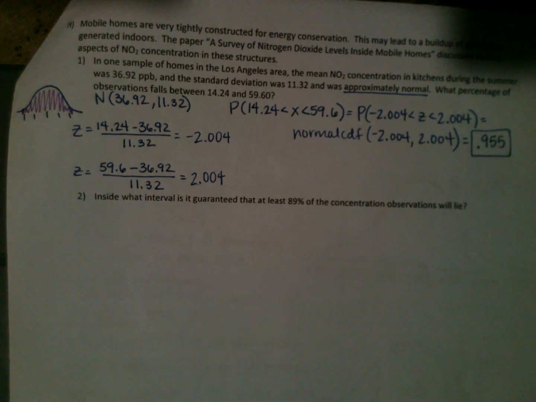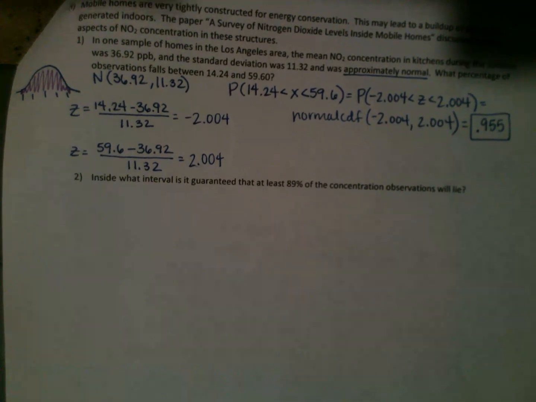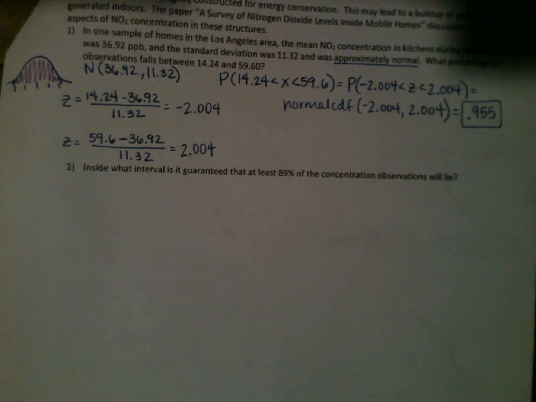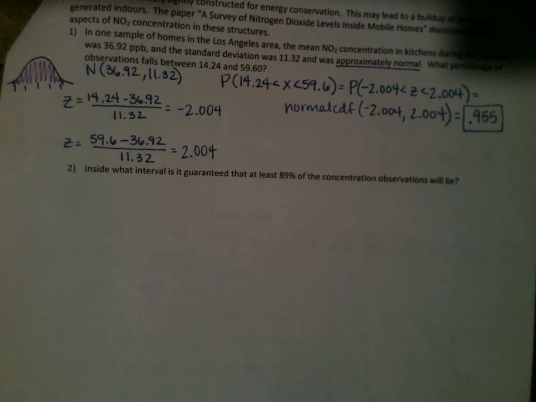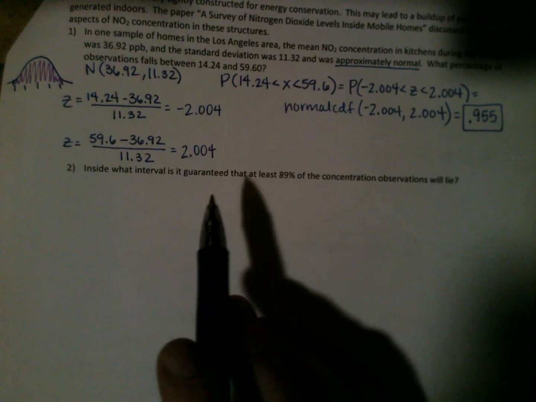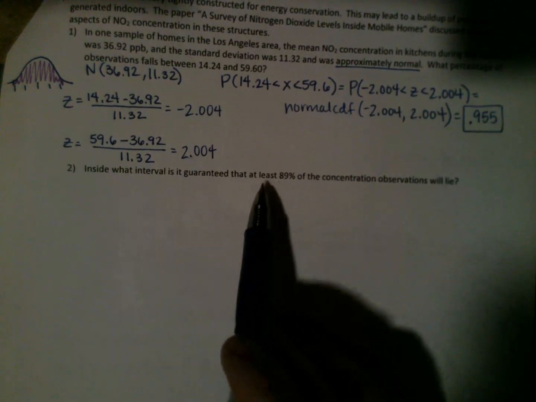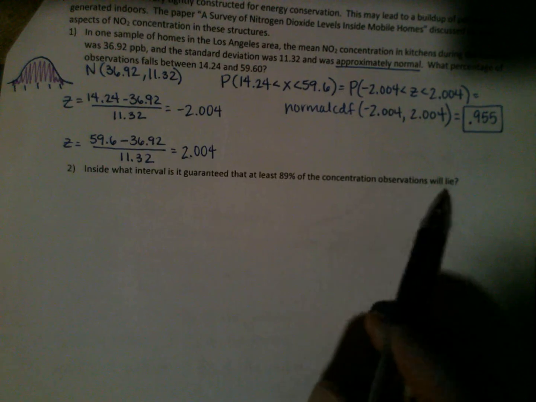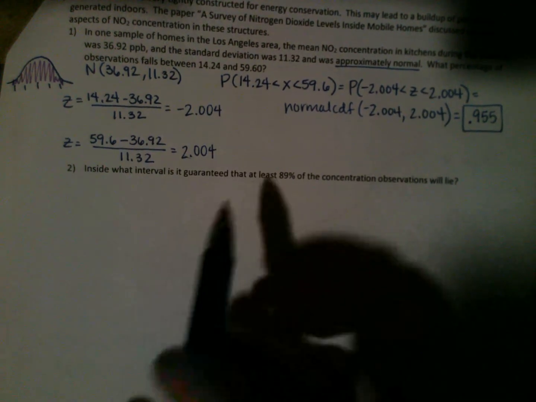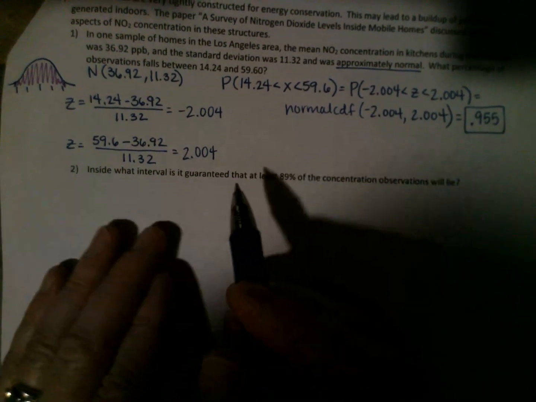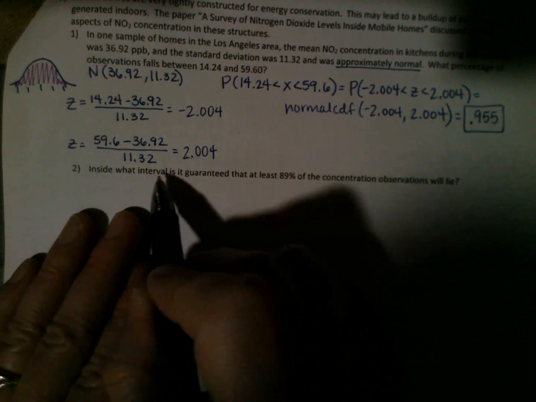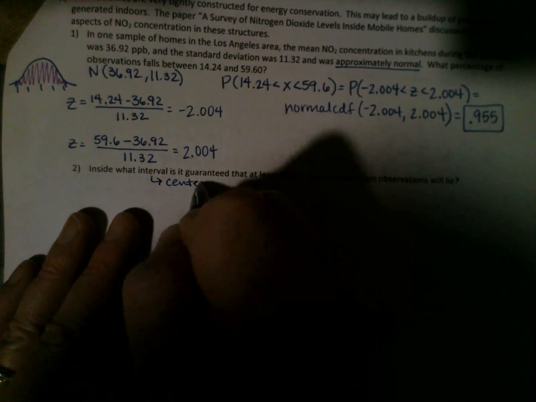Okay, so part 2 says inside what interval is it guaranteed? Now, actually, we'll just read it and then we'll talk about it. Is it guaranteed that at least 89% of the concentration observations will lie? This is not actually worded as well as it should be. Inside what interval, and this should say centered about the mean.